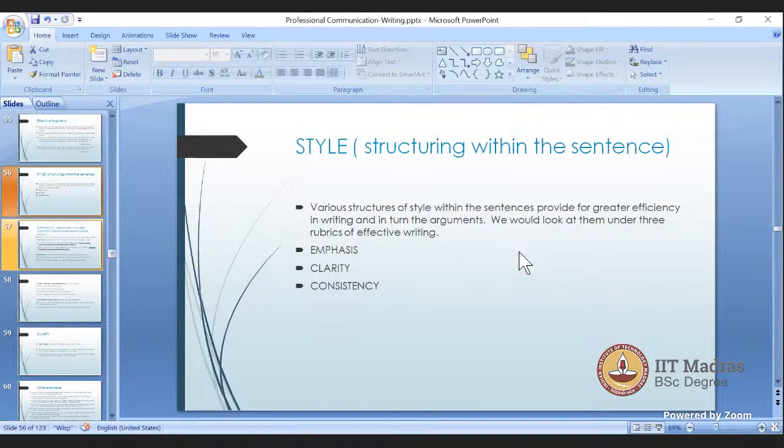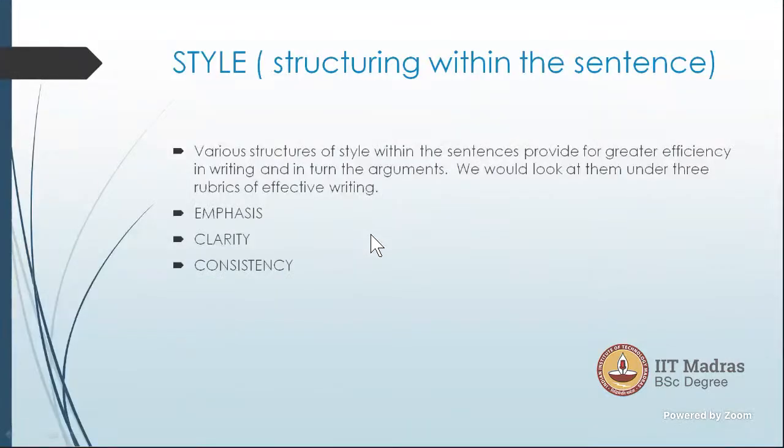Okay. So when we talk about style within the sentence, we would look at them under three rubrics, as you see on the screen, namely emphasis, clarity, and consistency. It's a better view now, right? So we look at three rubrics.